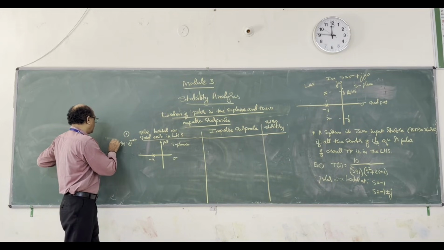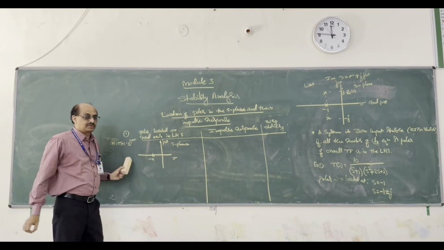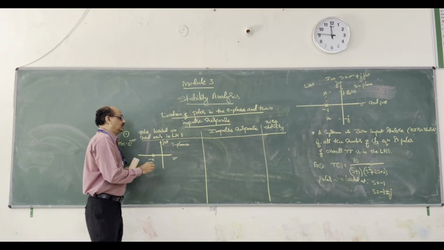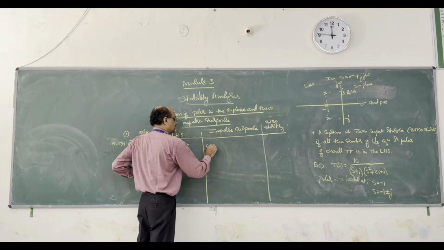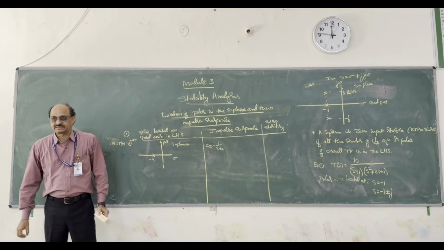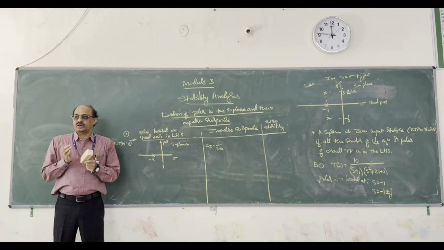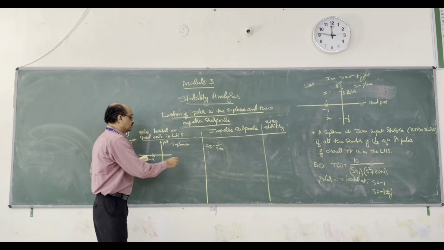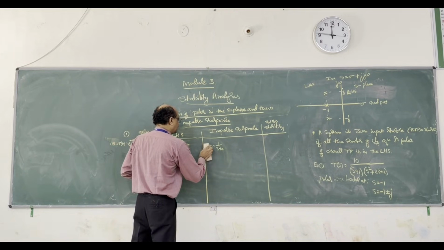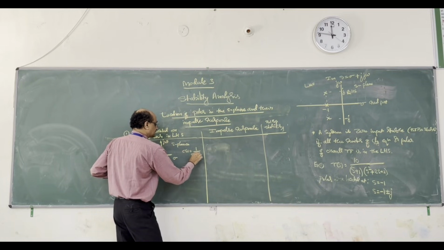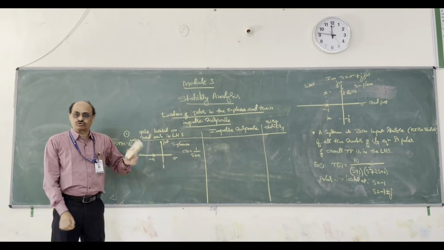We have t equal to e power minus a, for which you will get C of s equal to 1 over s plus a. A pole is located exactly at minus a. That is what we have done. So we can write C of s is equal to 1 by s plus a.